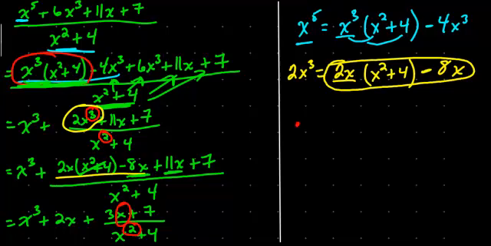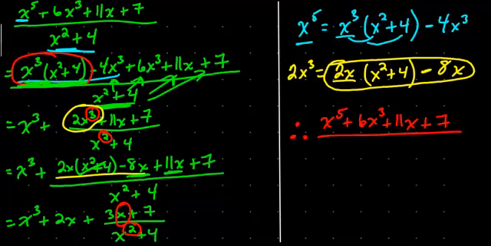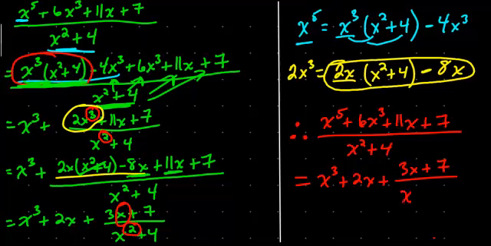That is, therefore, x to the 5th plus 6x cubed plus 11x plus 7 divided by x squared plus 4 is equivalent to x cubed plus 2x plus 3x plus 7 over x squared plus 4.